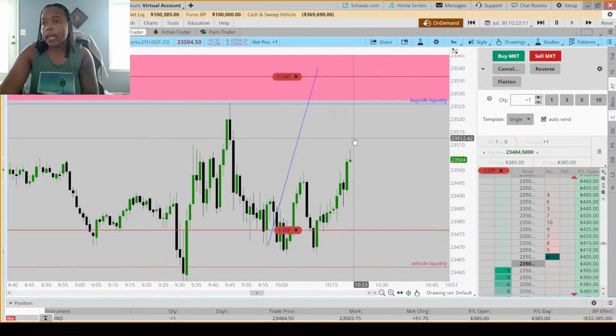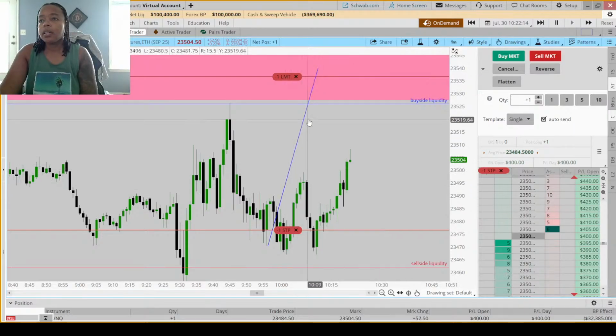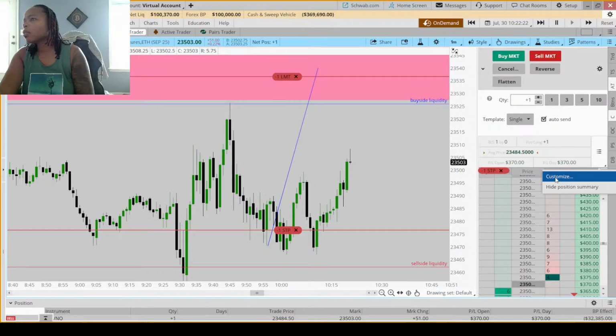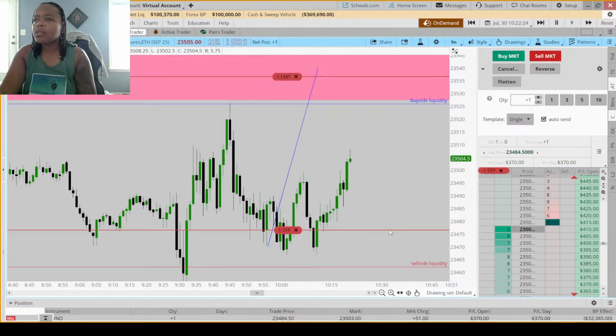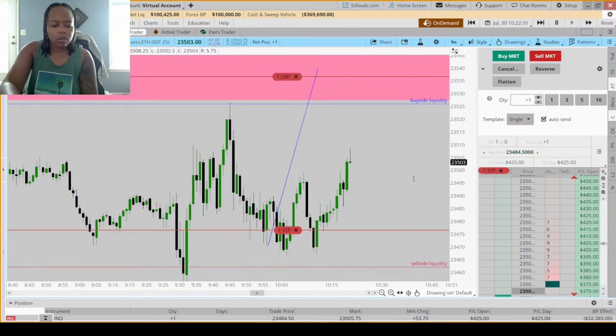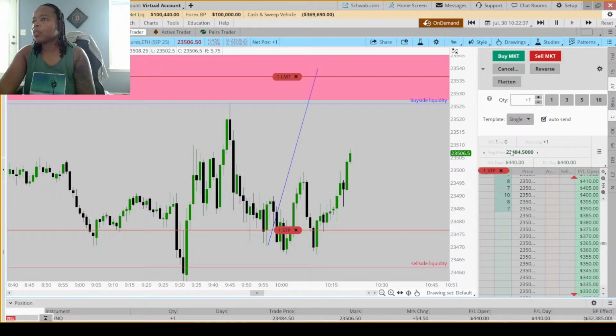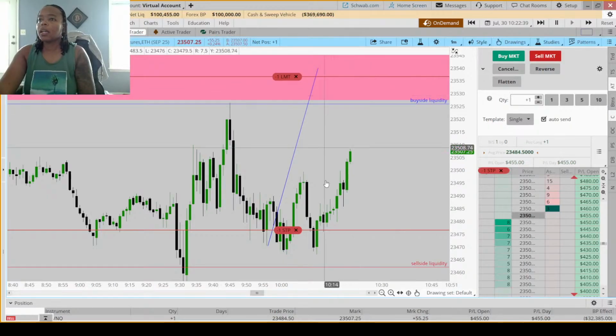I think we're in the 80s at this point. Does this thing have an option? Let's customize. Well, yeah. There's no tick option to work with this.